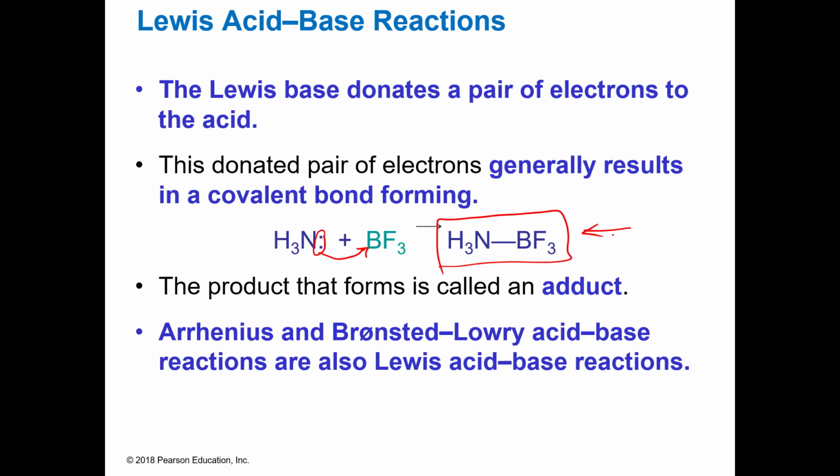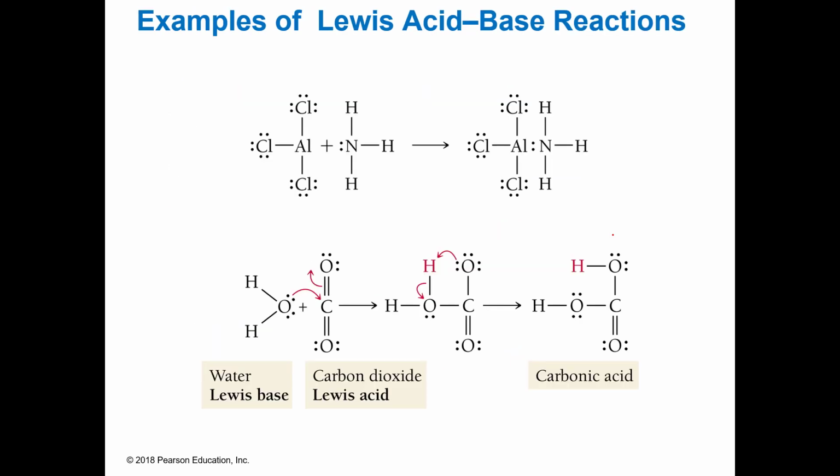Arrhenius and Bronsted-Lowry acid-base reactions are also Lewis, okay, but all Lewis are not Bronsted-Lowry or Arrhenius. And so again, basically what you're doing is you are attacking electron pairs and you're causing them to move. And as you're doing that, you're creating a molecule.